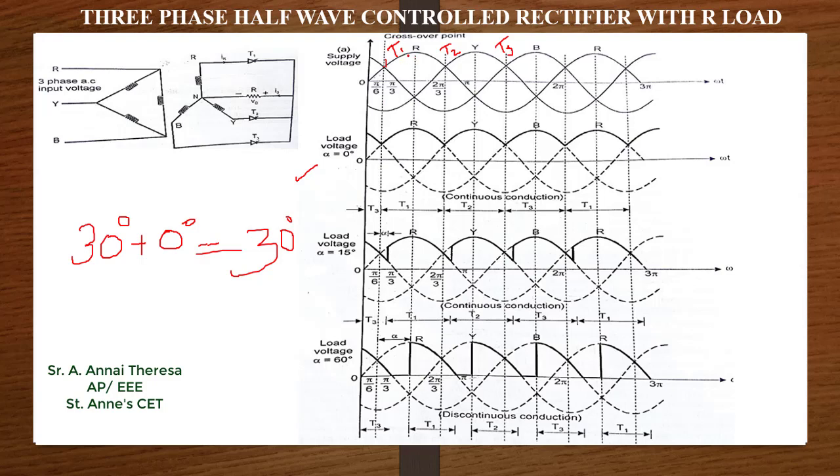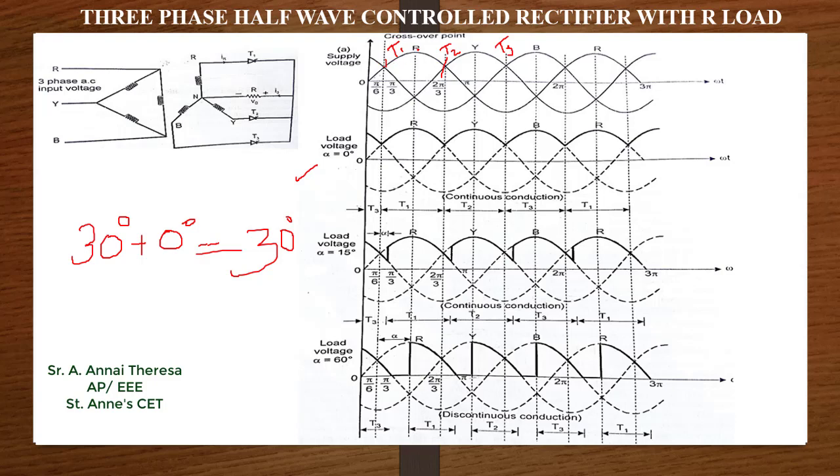In the positive half cycle of the R phase, the maximum value is available between these two points. So we can trigger the thyristor T1 between these two points.